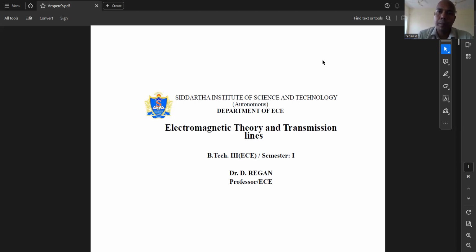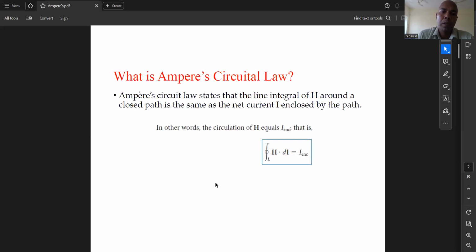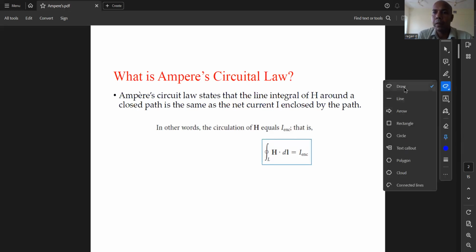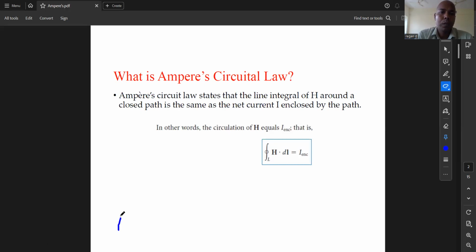In the Biot-Savart law, what we learn is, through the current carrying conductor, if current I is flowing, we consider here a differential length dl.